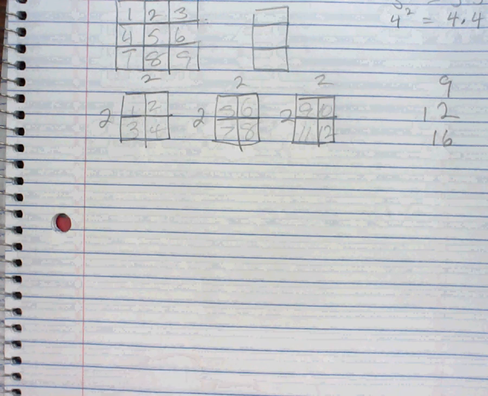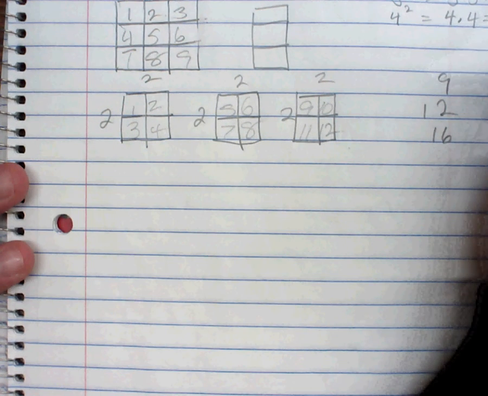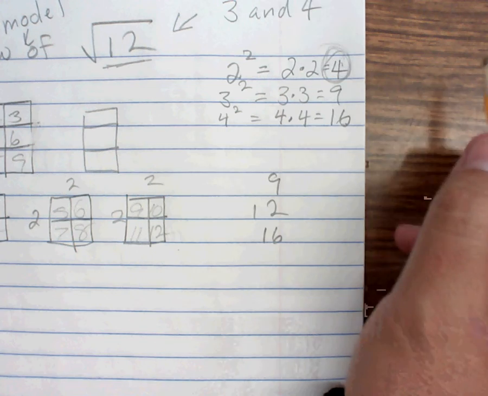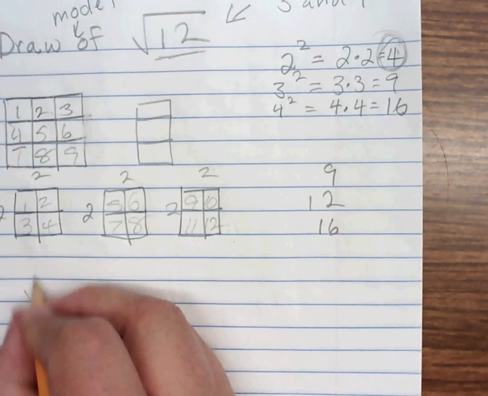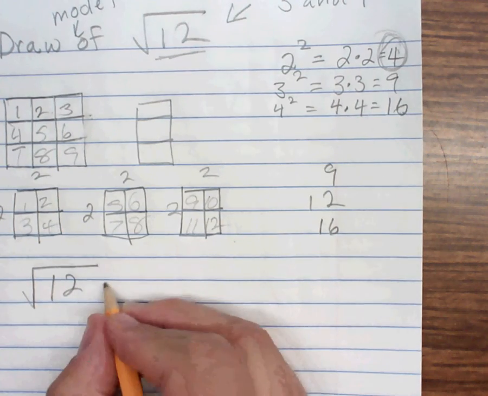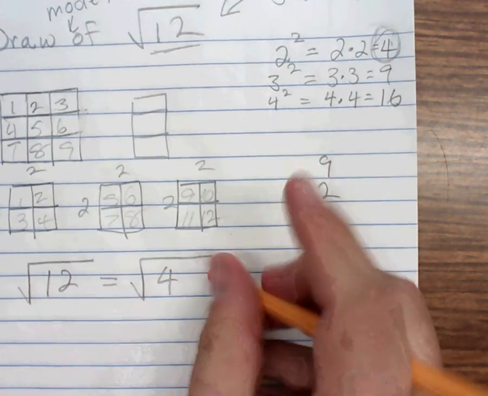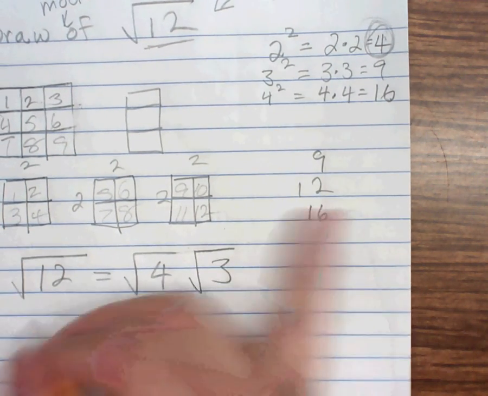So what I'm trying to do mathematically is look at these numbers and kind of guess to see what the answer might be, but I'm really looking for something that I could pull out. In other words, I can rewrite this as the square root of 12 is equal to the square root of 4 times the square root of 3.